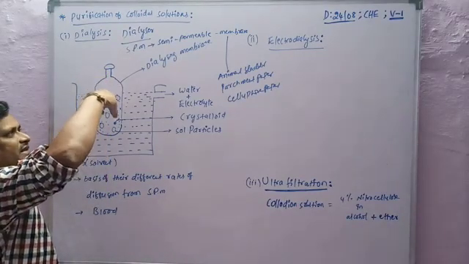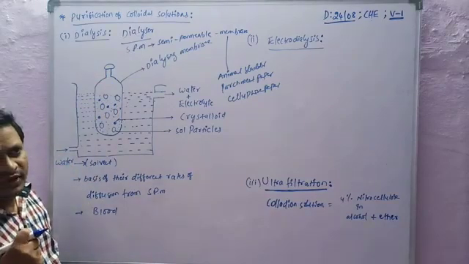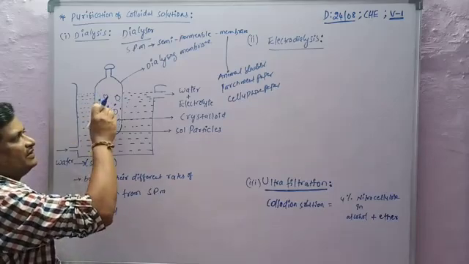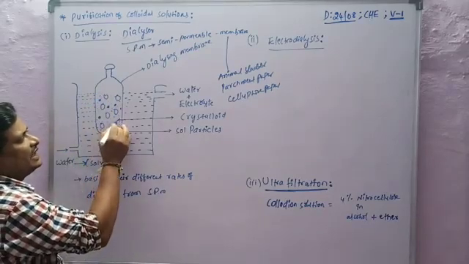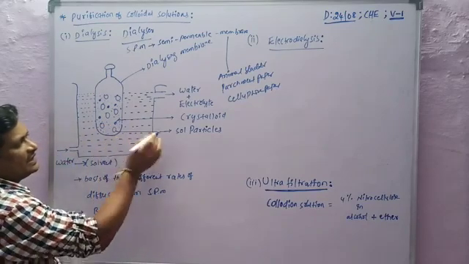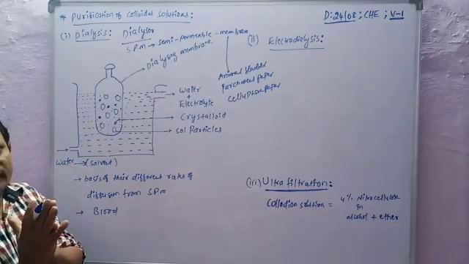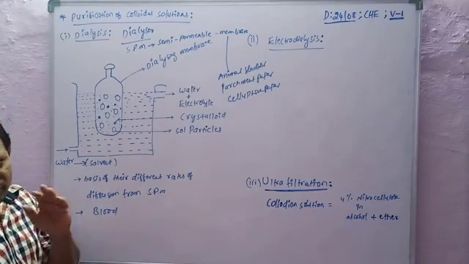Now the impure colloidal solution is taken in this device. The thick lines denote the colloids, which are the sol particles. This colloidal solution consists of impurities.